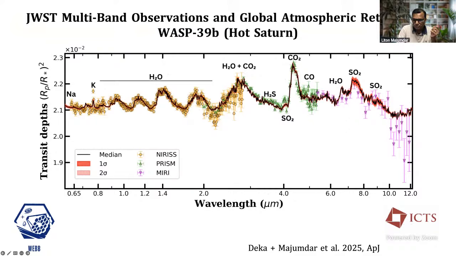But of course, in the retrieval you are not including photochemistry explicitly. You are trying to understand the impact of photochemistry through indirect processes, such as the hybrid equilibrium process that I mentioned, by considering an atmospheric chemistry that is neither in equilibrium nor free, but a combination of both. With that, you make your chemistry much more flexible, so that you get a good fit for your SO2 features.